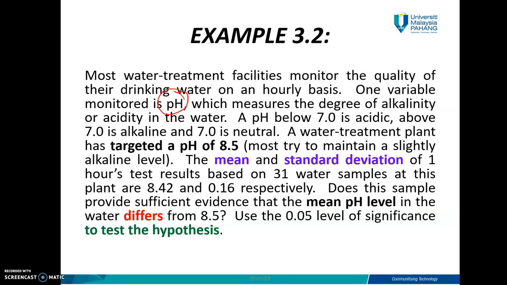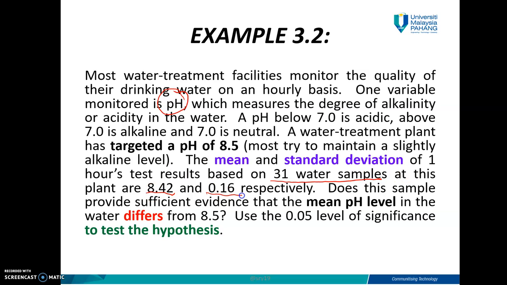That statement is just information. A water treatment plant has targeted a pH of 8.5. That's the keyword. The water treatment plant targets pH 8.5 and tries to maintain 8.5.